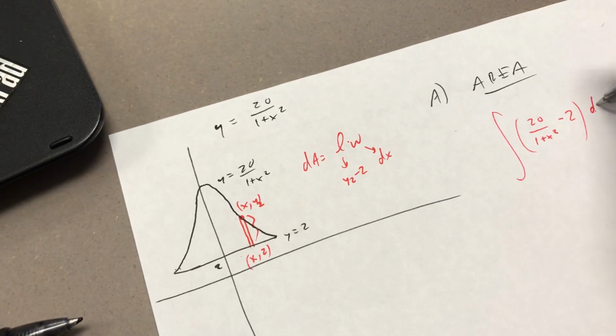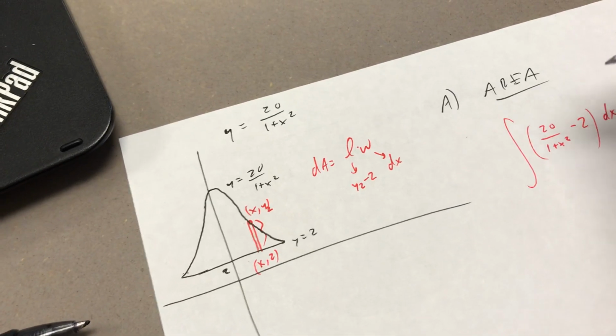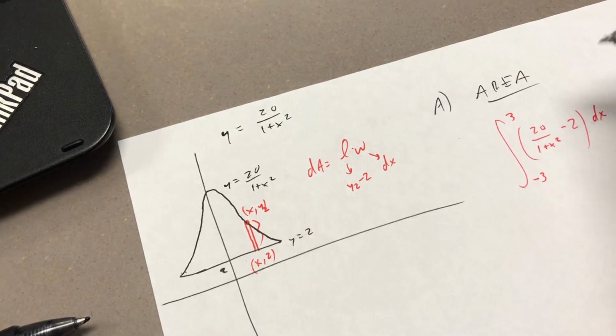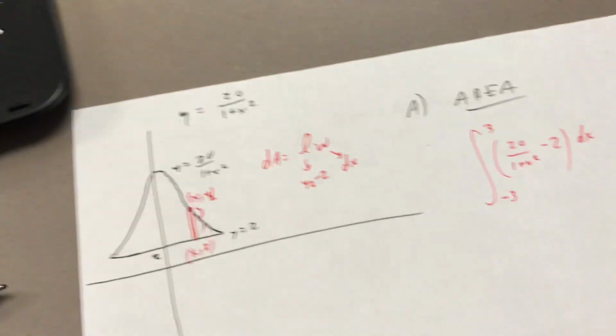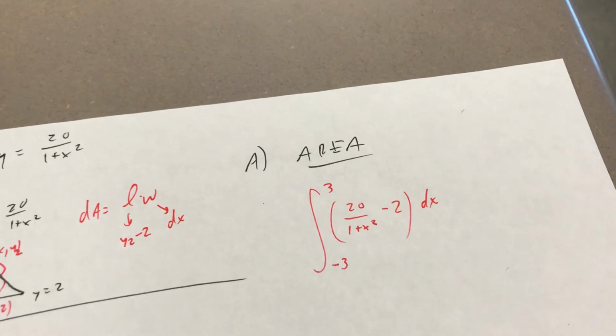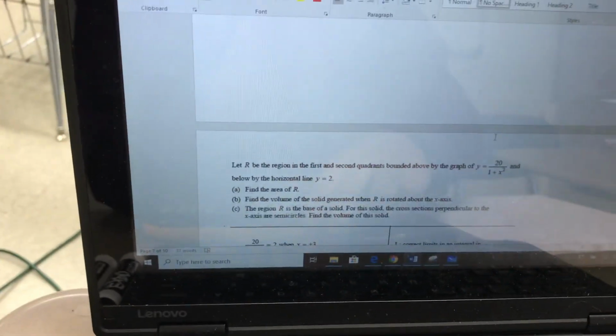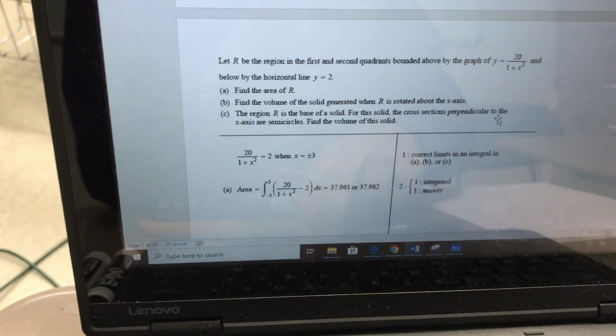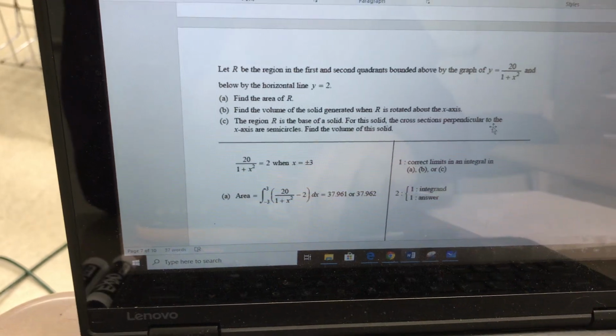This whole thing times dx. And the intersection points are, I believe, at -3 and +3. And so that's what our integral would end up looking like. So let's go see here if that's the correct answer before we move on. Yes. Okay, we're good to go there.